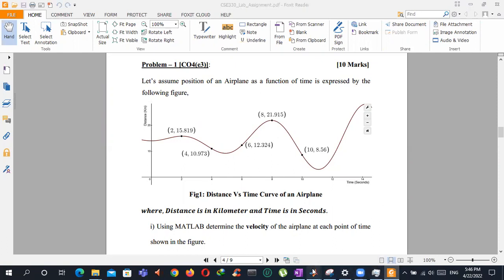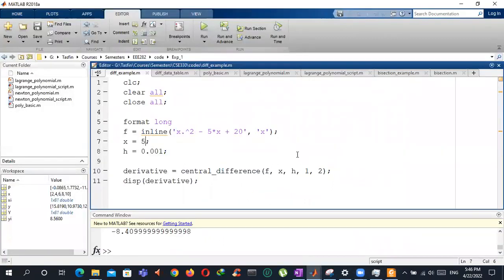Then in the code, you just have to put the value of x to 2 and set a suitable value of h. Give the input of the polynomial here.